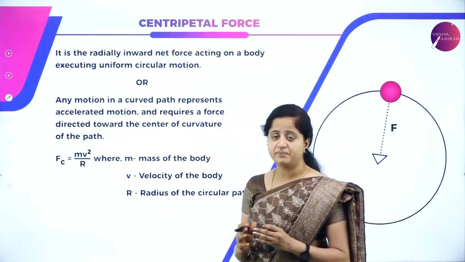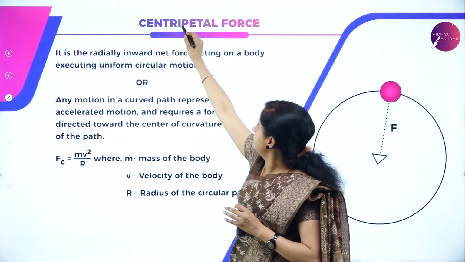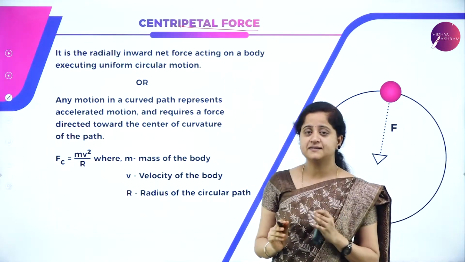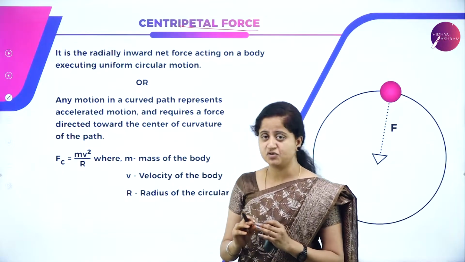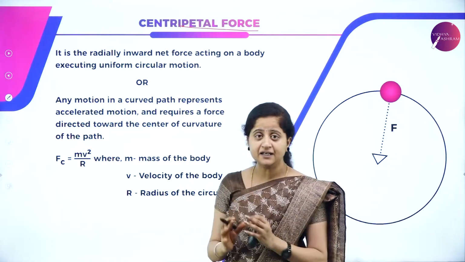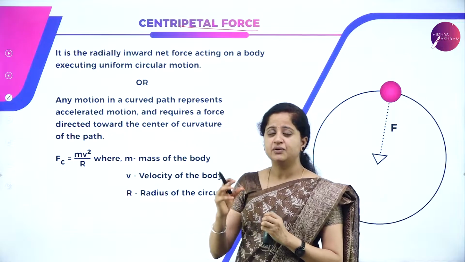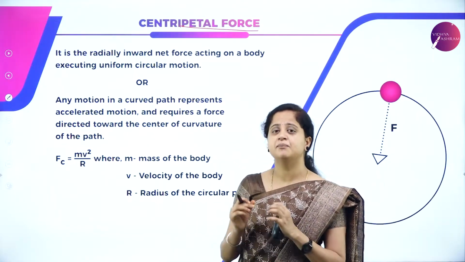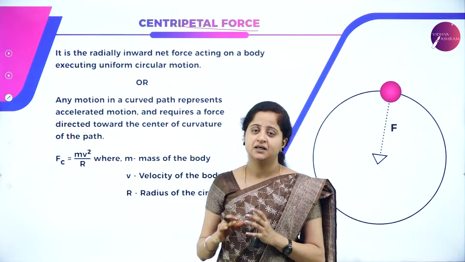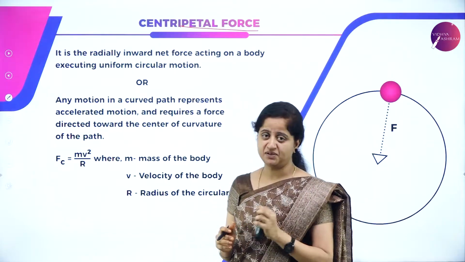So, next topic we are going to study is centripetal force. What is a centripetal force? Imagine a body traveling in a circular motion. There is a radially inward net force which is always attractive, which always directs the body towards the center, and that force is called centripetal force.